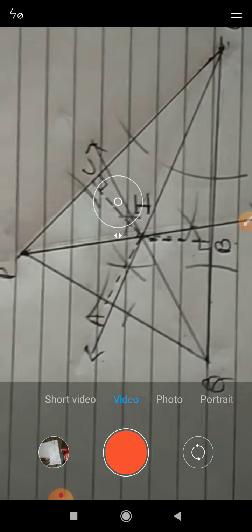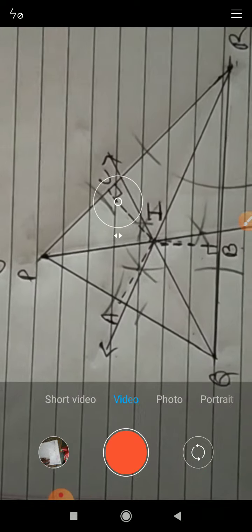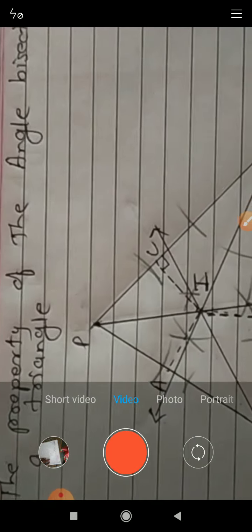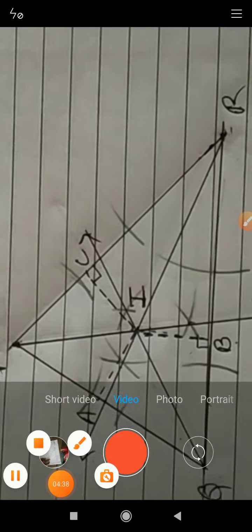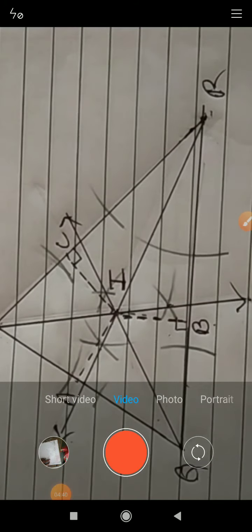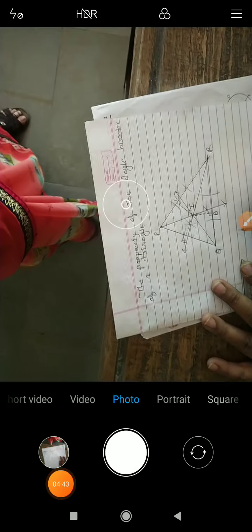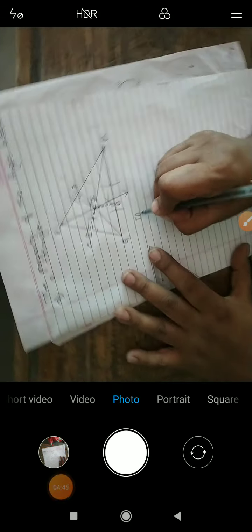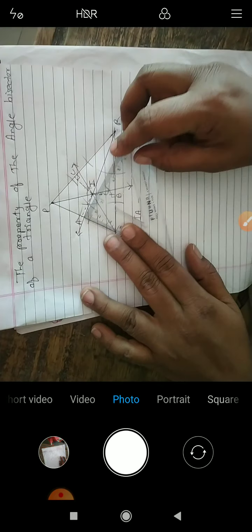This is the construction. If you see here, this is the proper construction for the property of the angle bisectors of a triangle. We have to check by measuring IA. I am using this scale for the measuring.